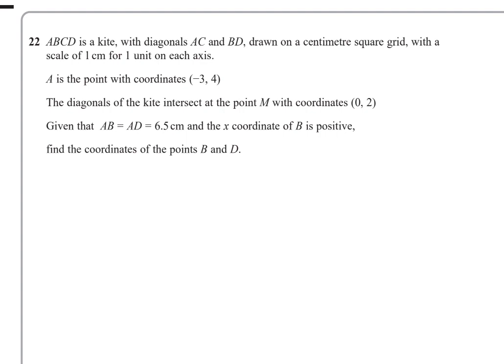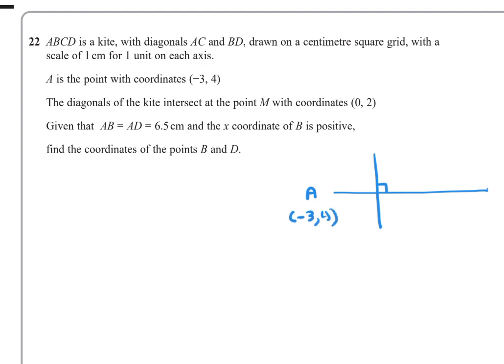First, draw the kite. The diagonals in the kite are perpendicular, so draw perpendicular lines. Now this point A has coordinates (-3, 4).